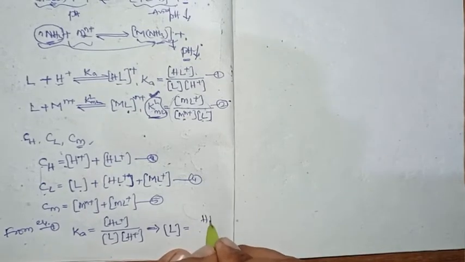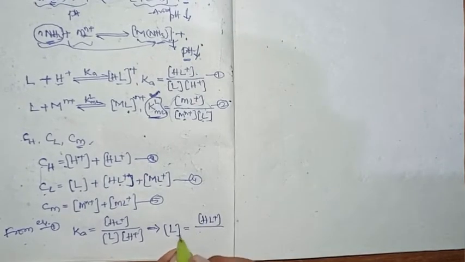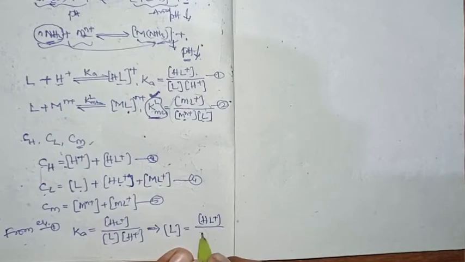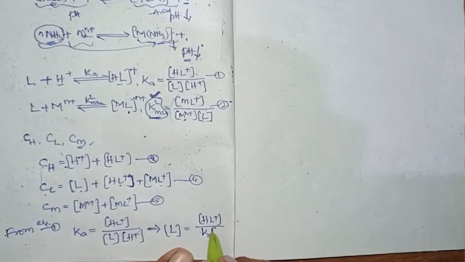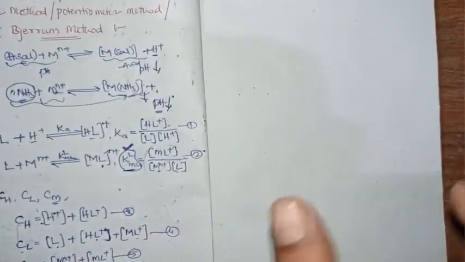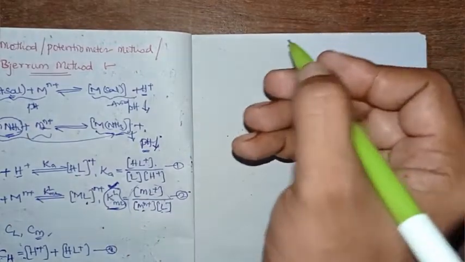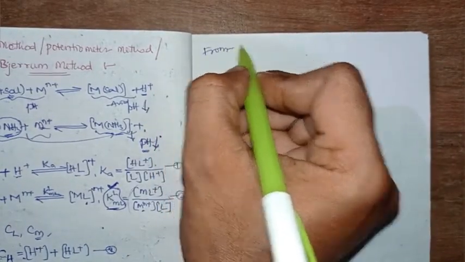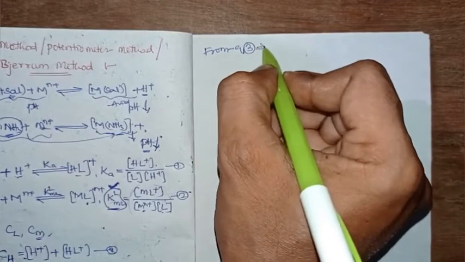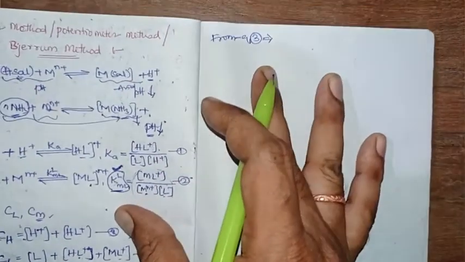So it would have the equation of remained ligand concentration equal to protonated ligand complex concentration divided by association constant multiplied by the remain proton concentration, right? This particular thing you can consider as equation number 6.